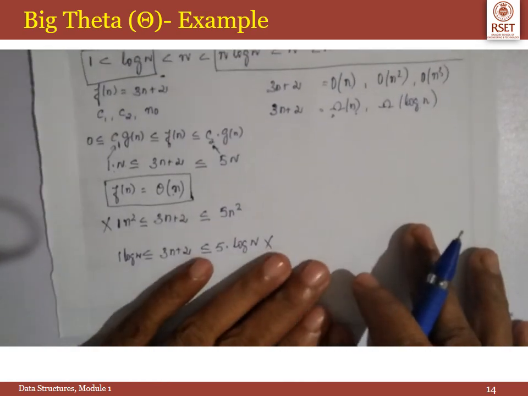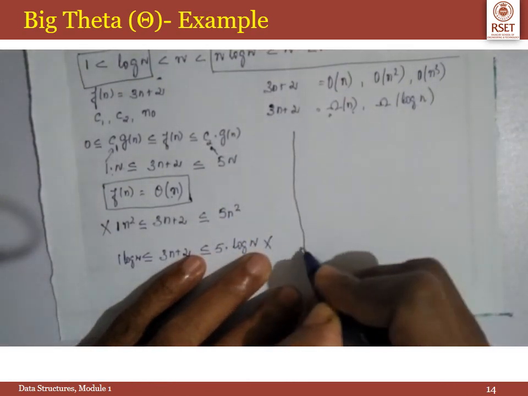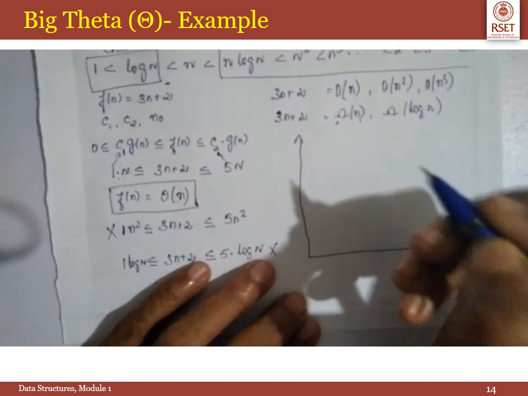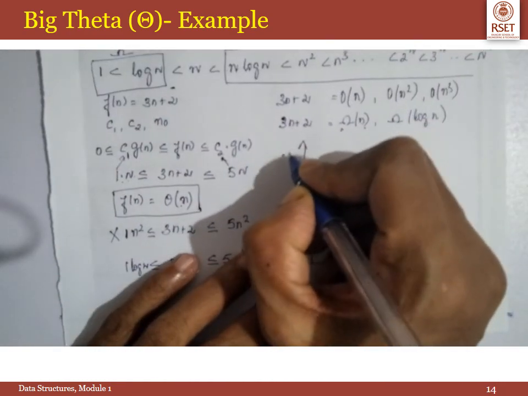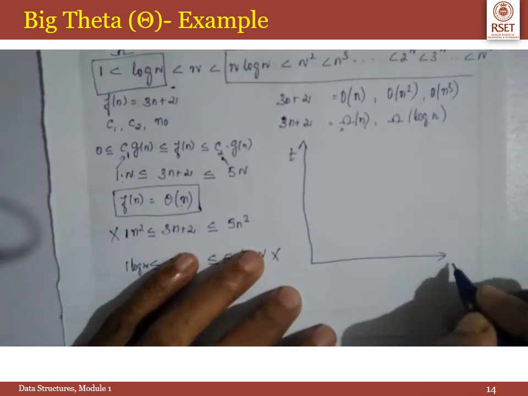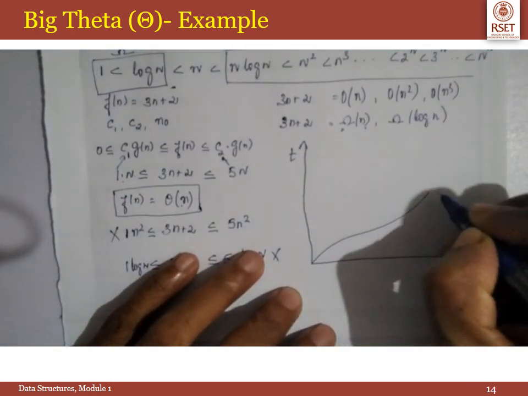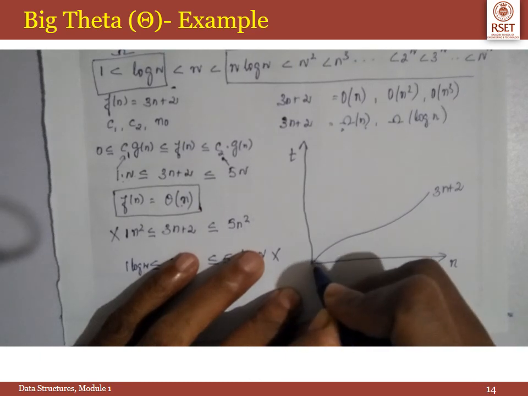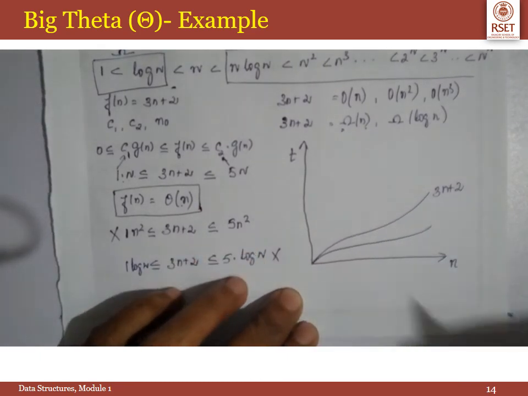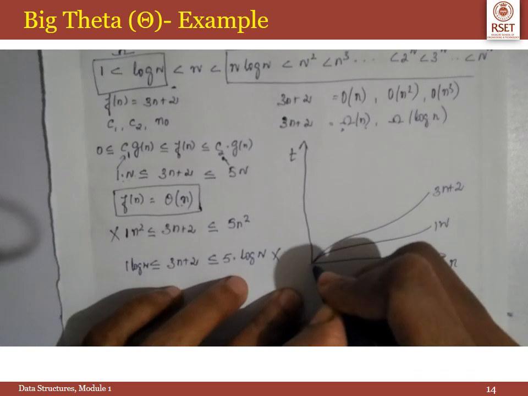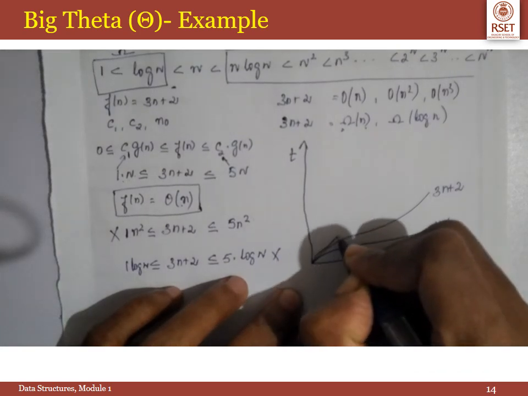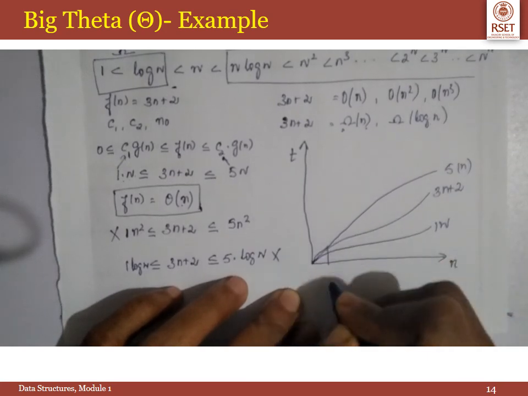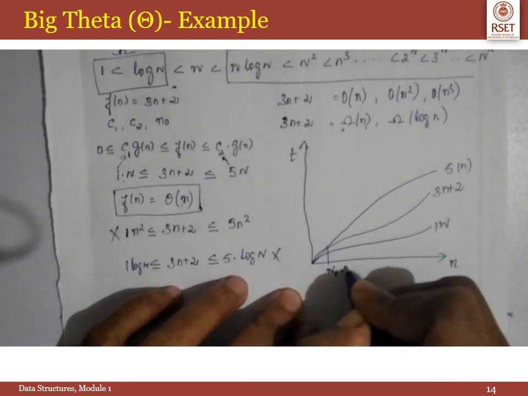Now when we try to draw the plot, say this is my plot, where here I can have t and this is n. Suppose this is the function 3n plus 2. Here lies your lower bound, which is 1n, and here lies the upper bound, which is 5n, and this point will be the given point, or n0 equal to 1.